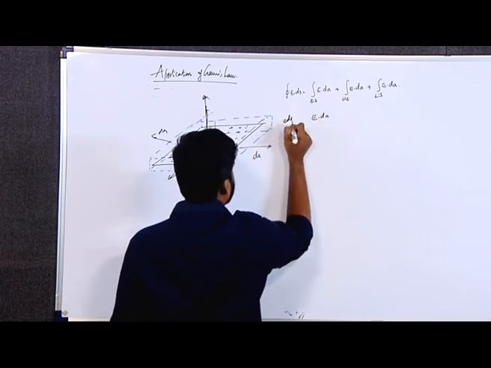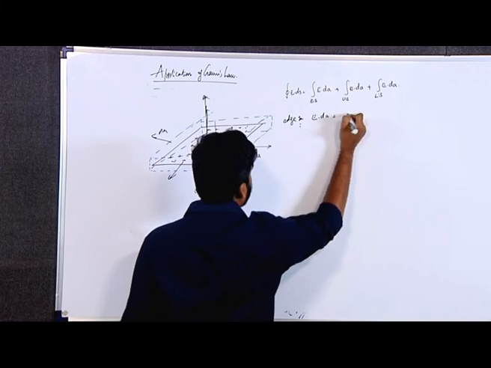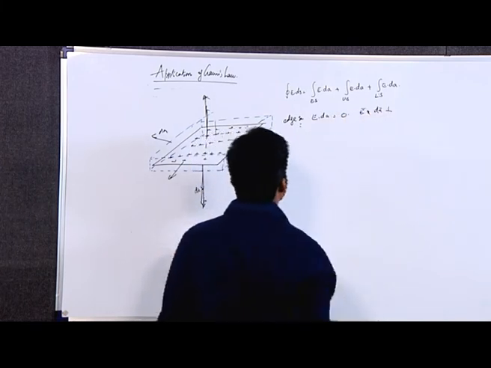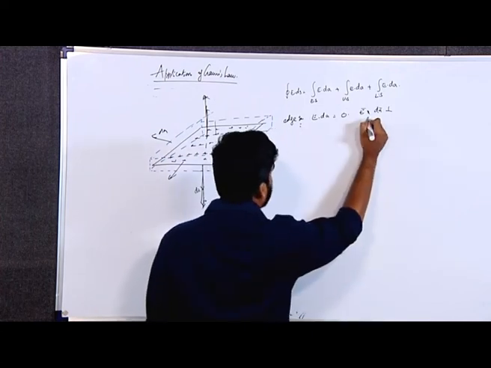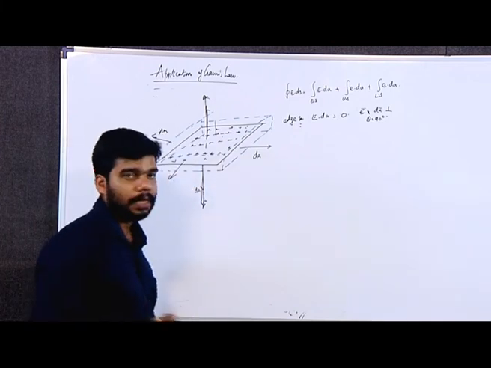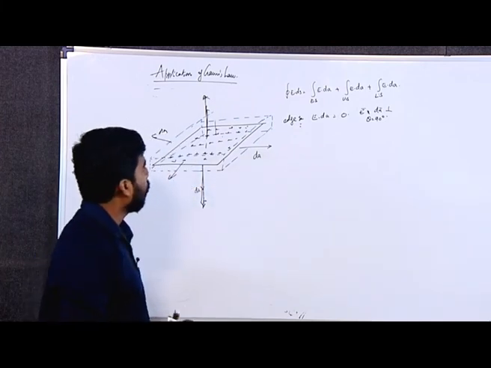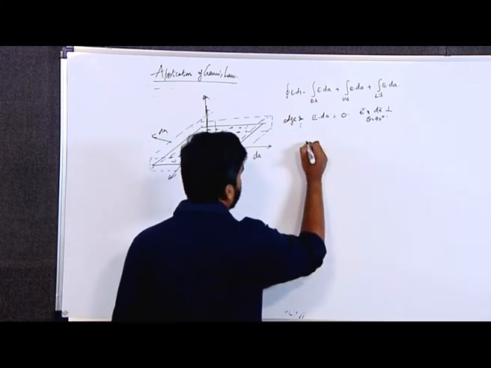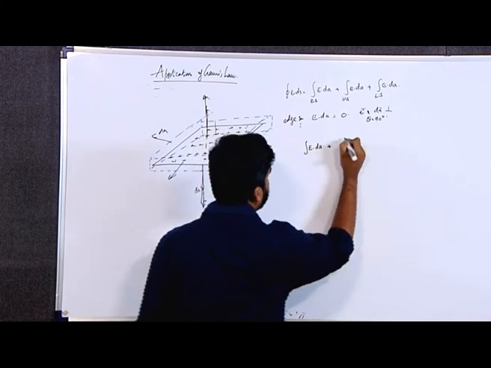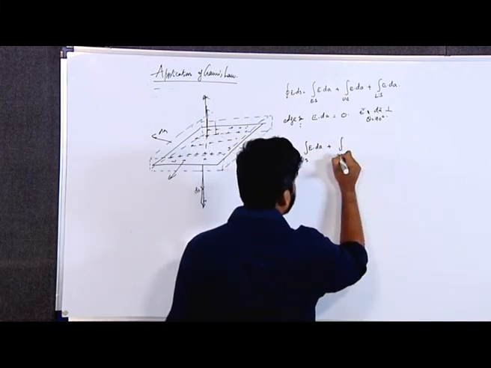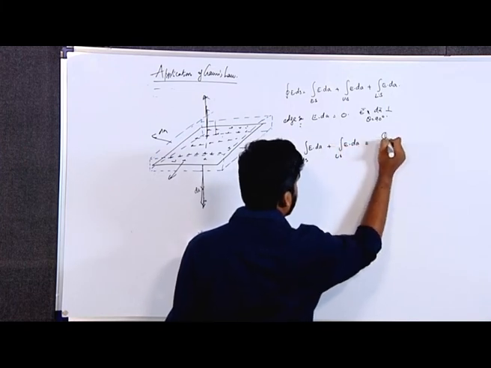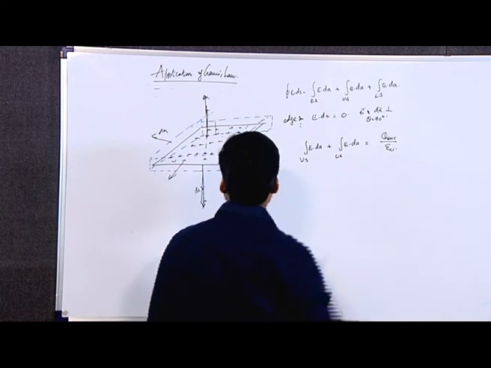On the edge surfaces, E dot dA becomes 0 because E and the dA vector are perpendicular to each other, so the angle theta is 90 degrees. Now what about the upper and lower surfaces? The integral of E dot dA over the upper surface plus over the lower surface is equal to Q enclosed by epsilon 0.